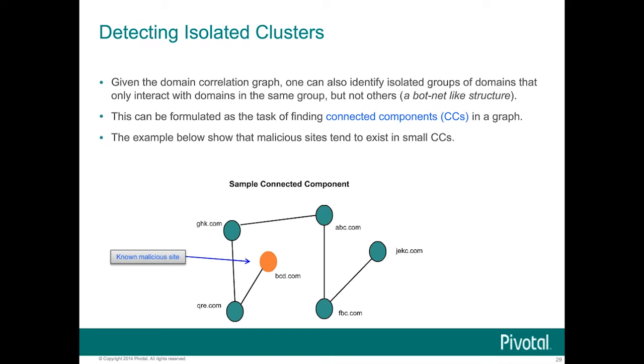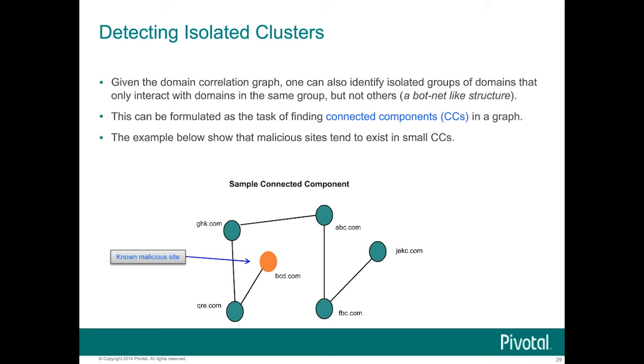This can be formulated by finding the connected components in the graph. Connected component is a popularly used graph mining technique where we try to find isolated clusters or isolated subgraphs in the graph which are only connected to the other elements in the subgraph but not to the entire population.